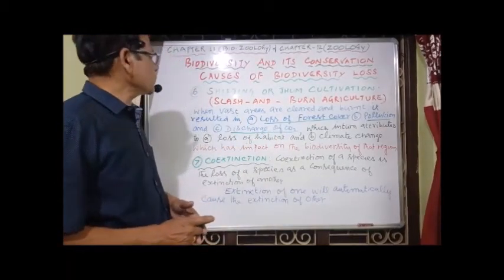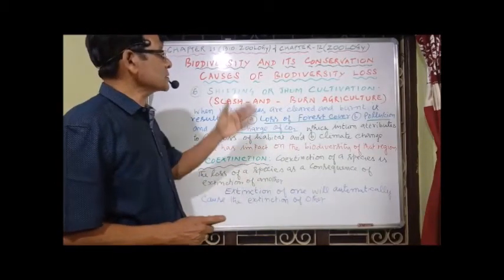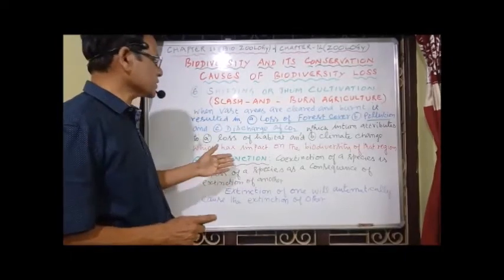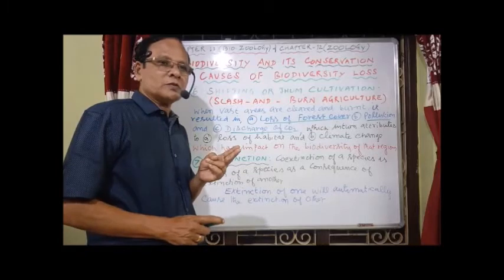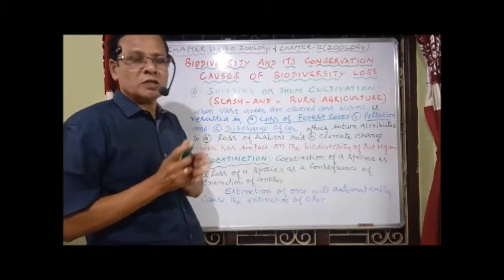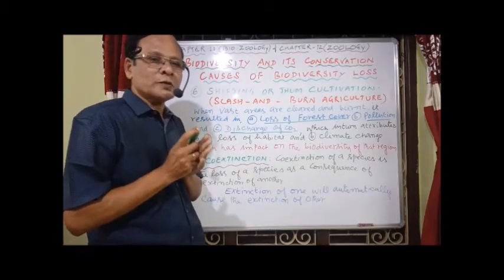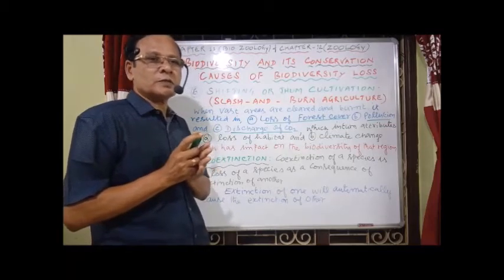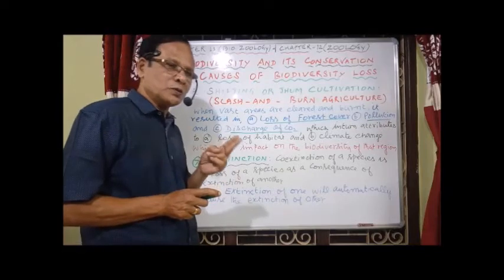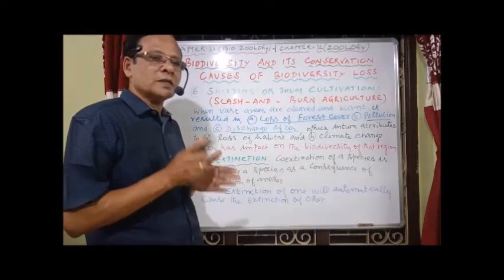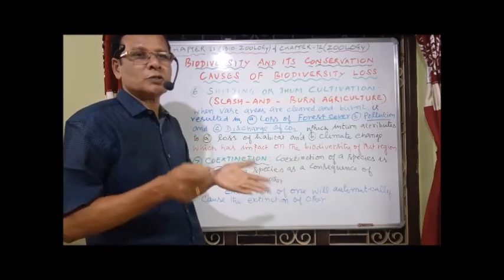Now the next factor, another cause for loss of biodiversity, is co-extinction. What is co-extinction? There are two species which are interdependent on each other. One species goes extinct, another species will also go extinct. That is called co-extinction. There is an interdependent supply between these two species.